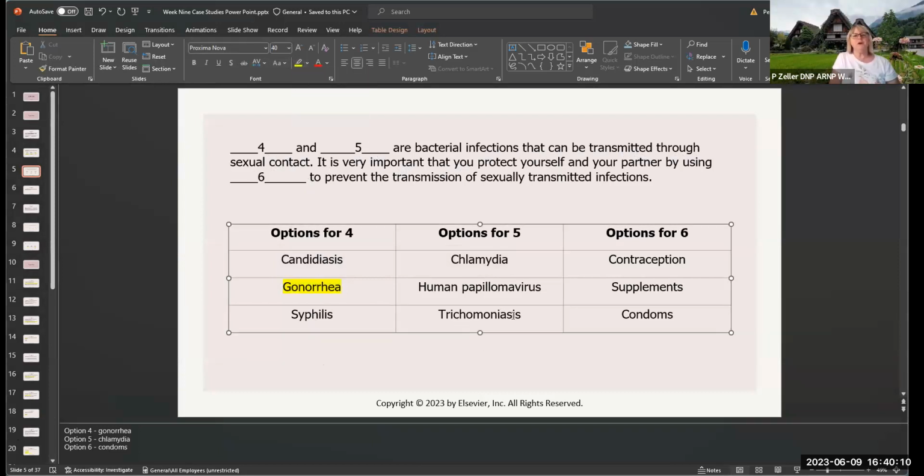And then which one under 5 is considered a bacterial infection? Chlamydia. Yes. So it's very important that you protect yourself and your partner by using what to prevent transmission? Condoms. Good.